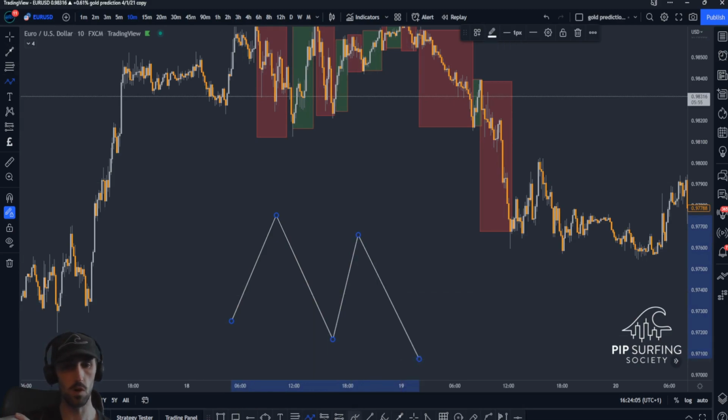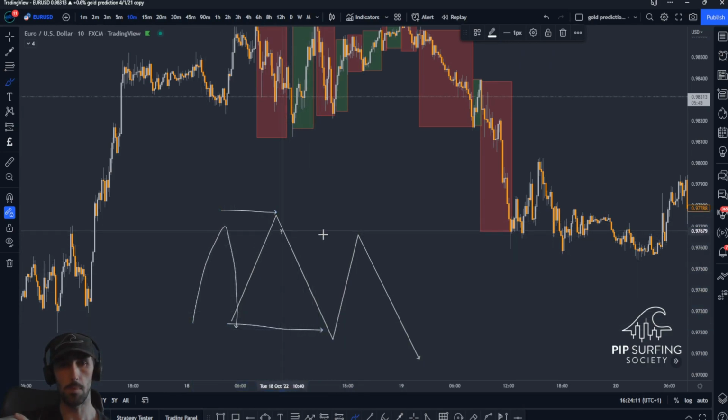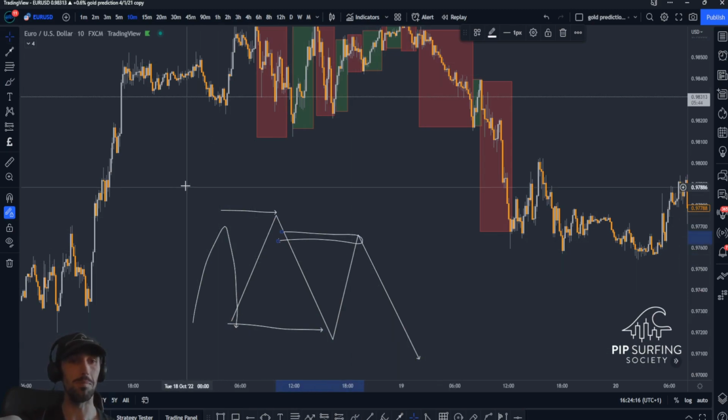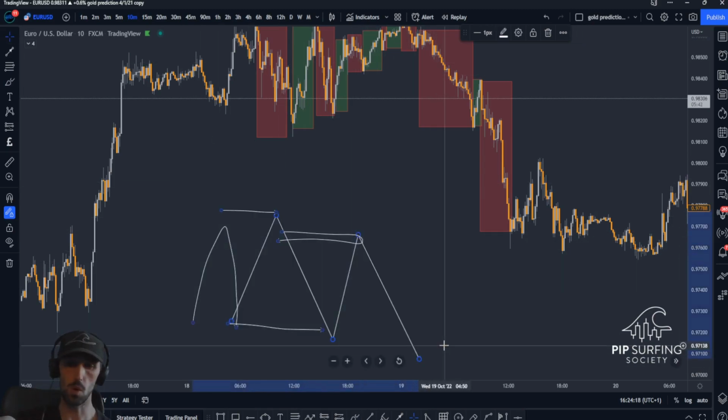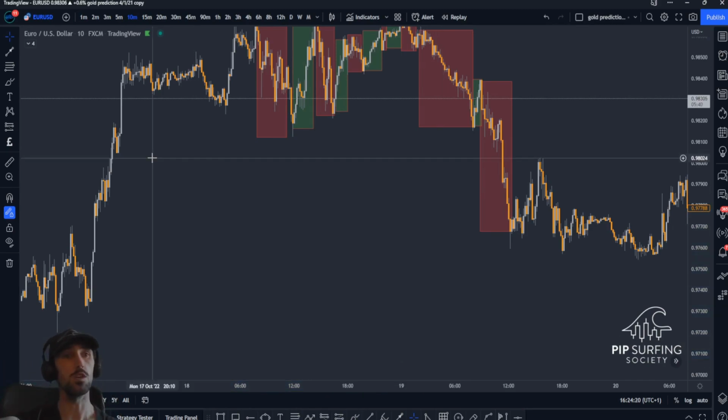So all we're looking for is a liquidation of a high, so like this, then a break of a low, a pullback to the area, and then a drop away. As we showed you on many examples in the beginning of this session, you can continually do this across every single time frame.